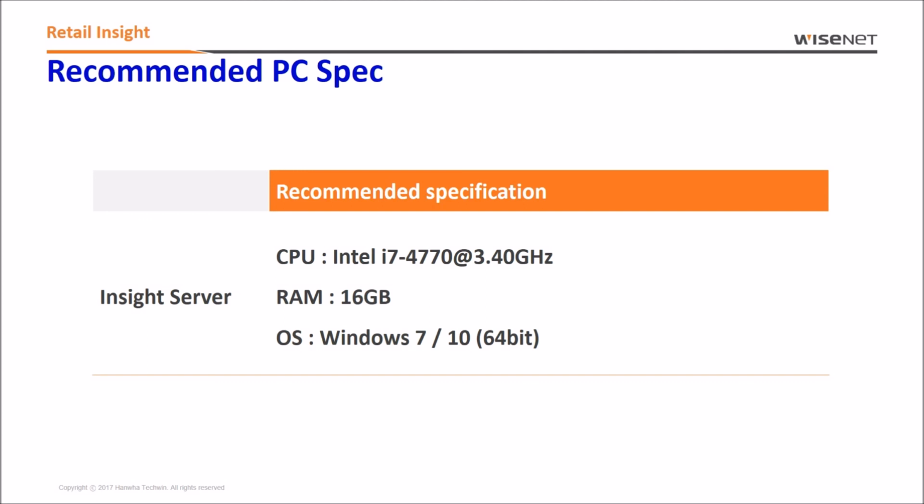So CPU should be Intel i7 4th generation, and RAM should be 16 gigabytes. Actually, in my opinion, 16 gigabytes is quite more than enough. You can use 8 as well. And for the operating system, Windows 7 and 10, 64-bit. It's just a common desktop PC actually.